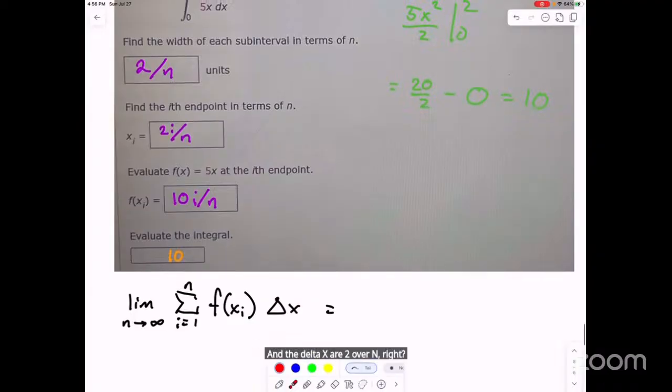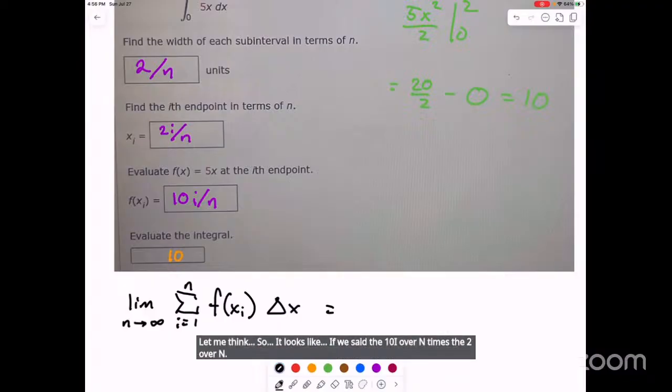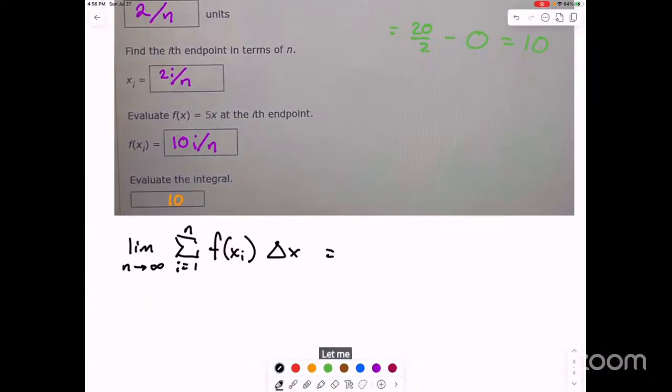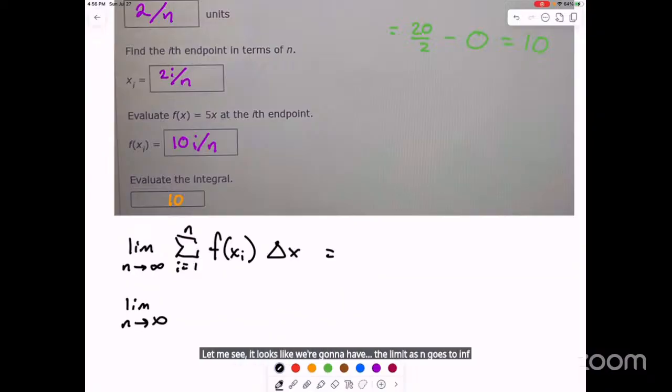Let me think. So it looks like if we said the 10i over n times the 2 over n, we're going to have the limit as n goes to infinity. Now those n terms we can move out to the front.